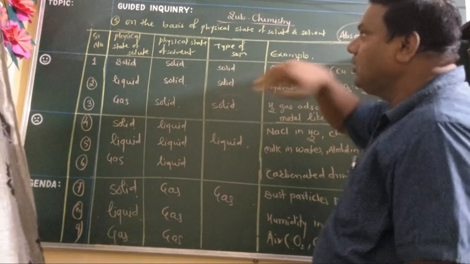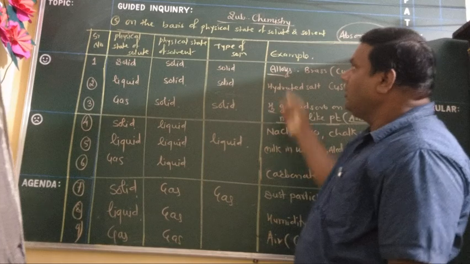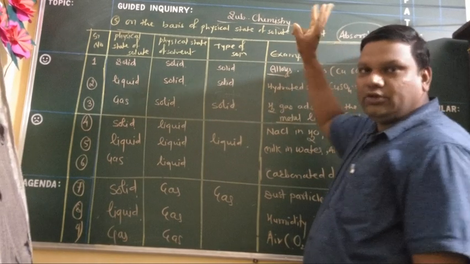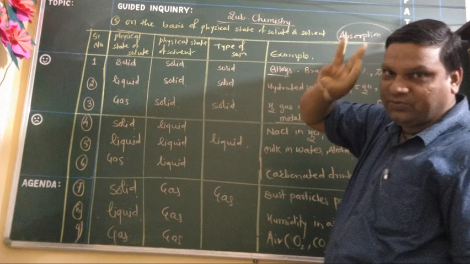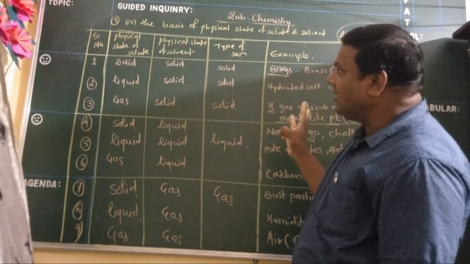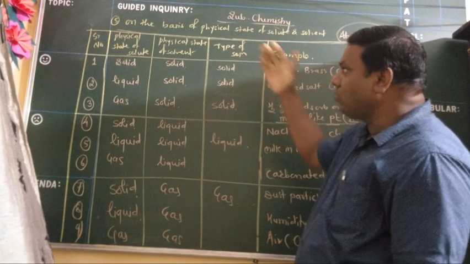So these are on the basis of physical state. Again I repeat within 2 minutes. On the basis of physical state of solute and solvent, you only know the three states of substances: solid, liquid and gas. So solute can be solid, liquid, gas, and likewise solvent.